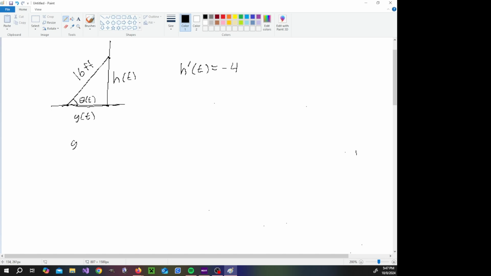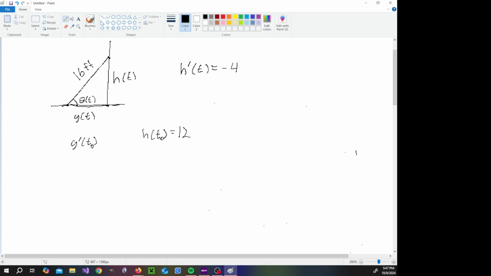And so it wants g prime of t when the height is 12 feet, when the top of the ladder, h of t, is equal to 12. So we're going to say let t naught be this value. So we really want to find t naught, where t naught is the value where the height is 12.